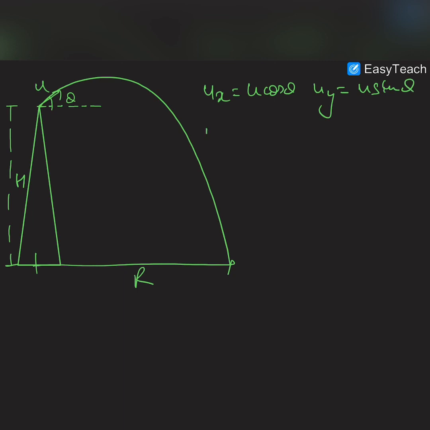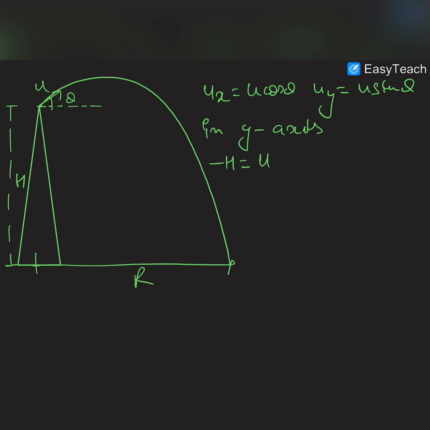Now in y direction we can apply the equations of motion. So in y direction you can see that the final displacement would be minus h, because this particle has descended down in the y direction by a distance of h, and uy will be u sin theta.